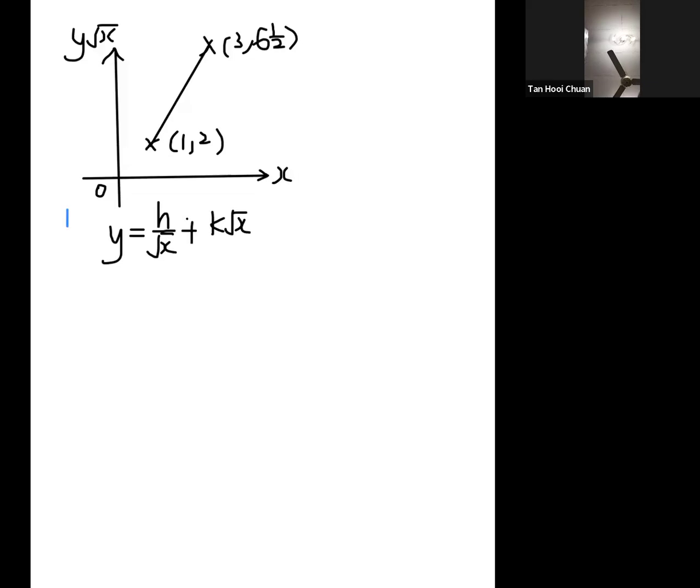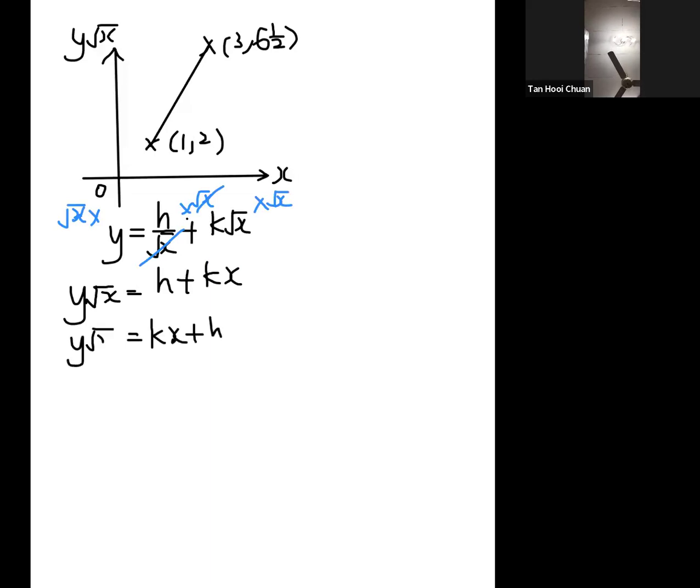Here you can multiply with x. Y with x. So we can substitute the values.